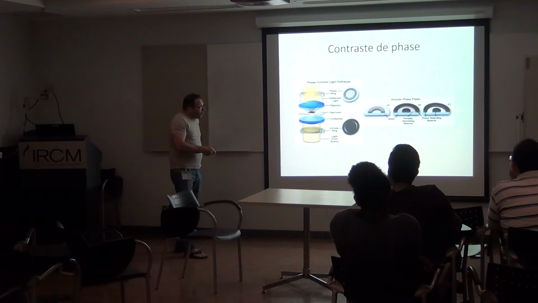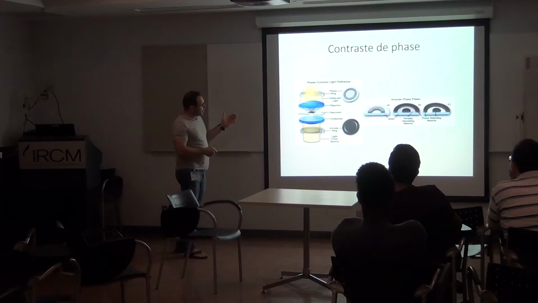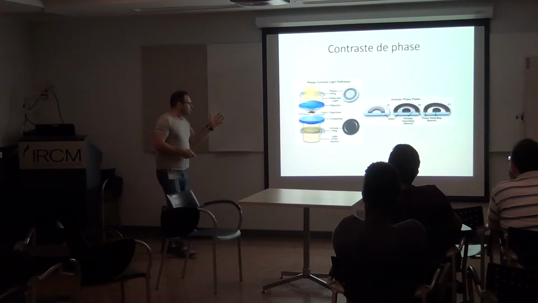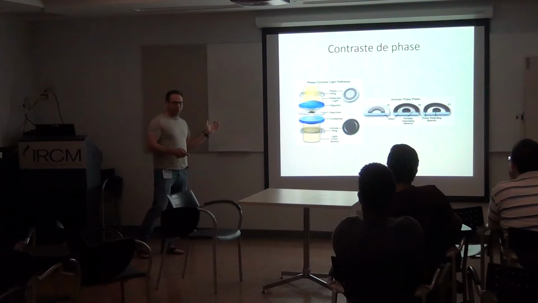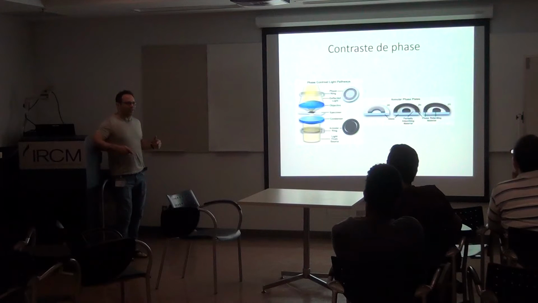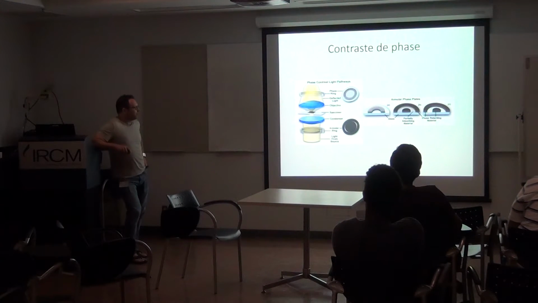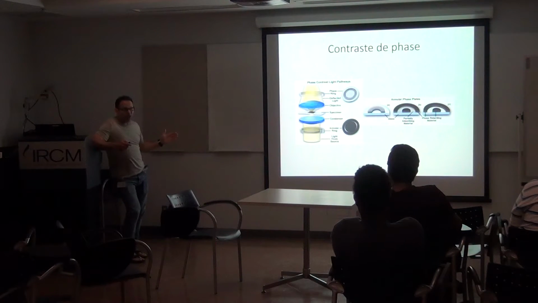So usually objectives are made in a way that retards the light by half a wavelength of green light. Okay, and they select green because that's the most effective contrasted wavelength for your eyes. And you cannot select all the wavelengths, so they select a specific wavelength, which is green.